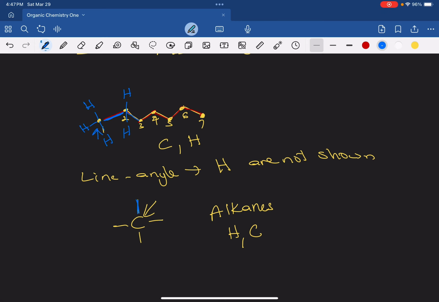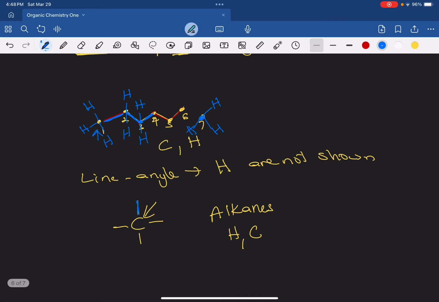Let's look at carbon number 3. I have this bond and this bond, so on carbon 3 I see 2 bonds. What's missing? The other 2 bonds that are missing are my 2 hydrogens. If we look at carbon number 7, 3 bonds are missing. This is the only bond I see. So look for the bond that you see.